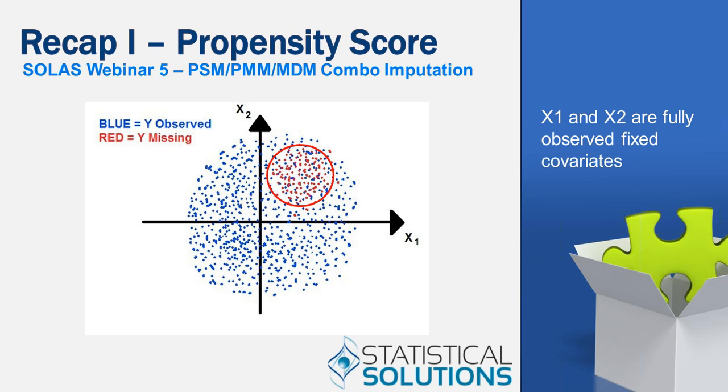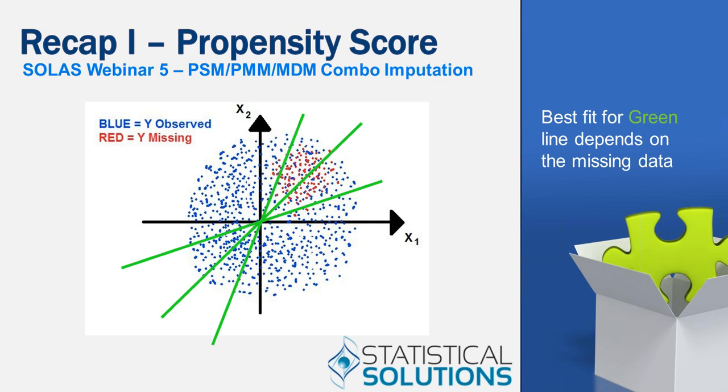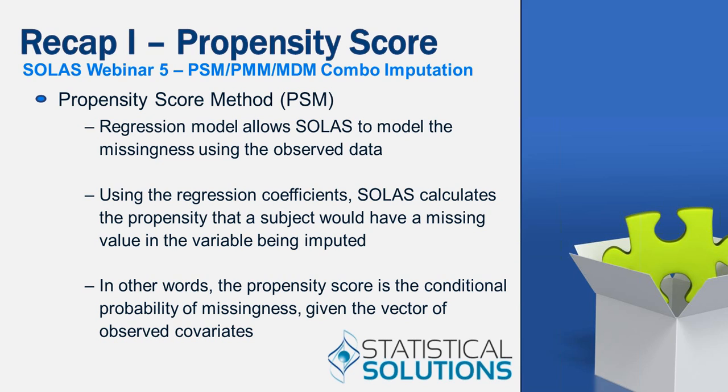What we can do is fit a logistic regression model to this data, and we get the best fit line for that using our regression techniques, as I've shown here with the green lines. Essentially, the regression model allows SOLAS to model the missingness using the observed data, and then using the regression coefficients from this model, SOLAS can calculate the propensity that a subject would have a missing value in the variable being imputed.